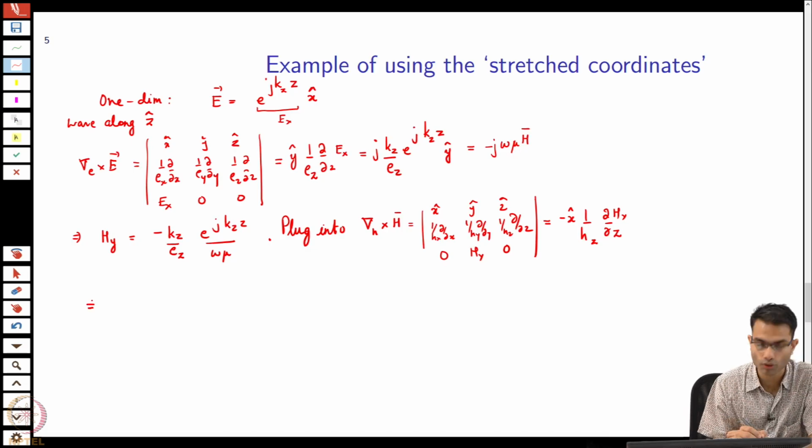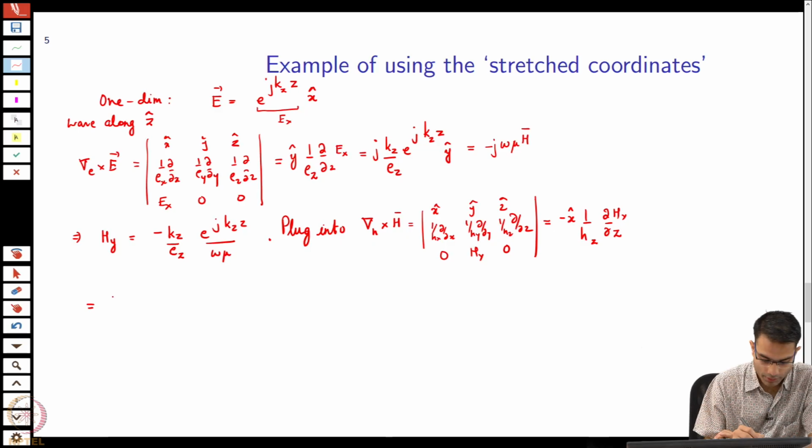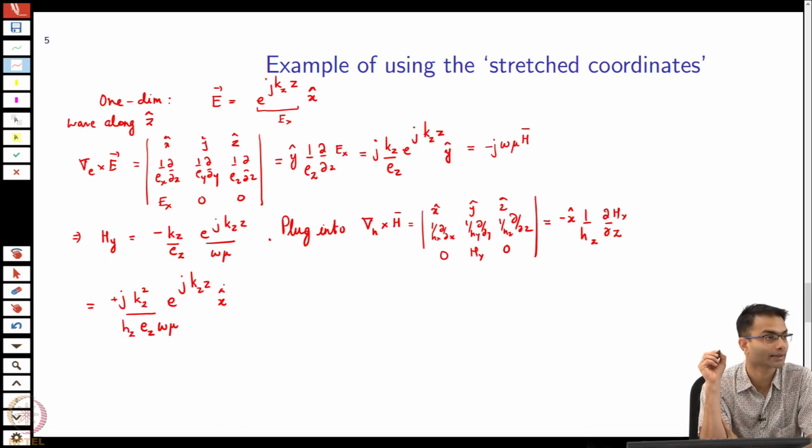So, let us just, we already have an expression for hy. So, we will just substitute it over here. So, I am going to get a plus j kz squared by hz, Ez now finally comes omega mu e to the j kz z along x hat.